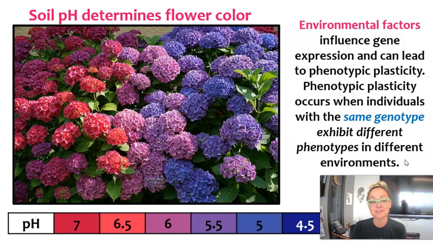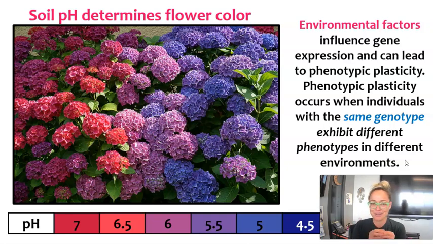In acidic soils, they will grow blue flowers. In more neutral soils, they will grow red to pinkish flowers. That is an example of a trait, flower color, not being inherited through chromosomes and Mendel's laws of inheritance, but rather the environment influencing that phenotype.